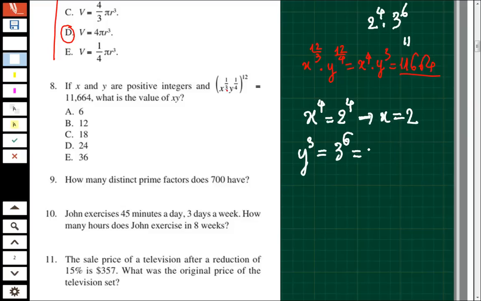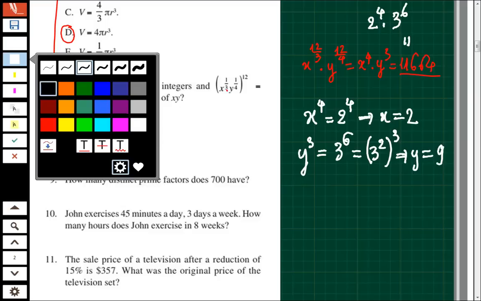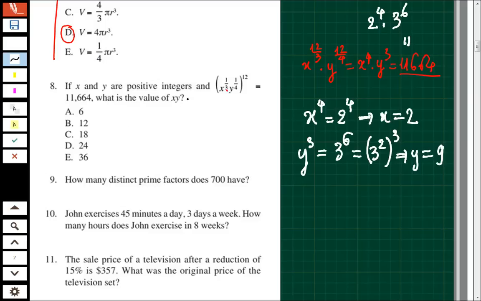It is 3 squared, whole raised to the power 3. So we can say Y equal number 9. Hence, the final result for the question number 8 is 18. 2 times 9, 18. And the final result is option C.